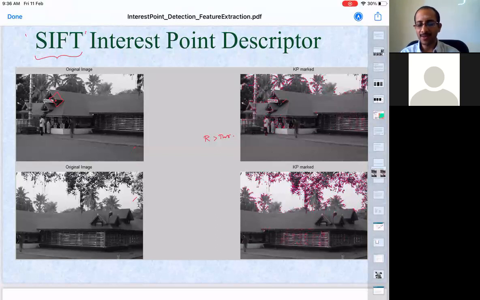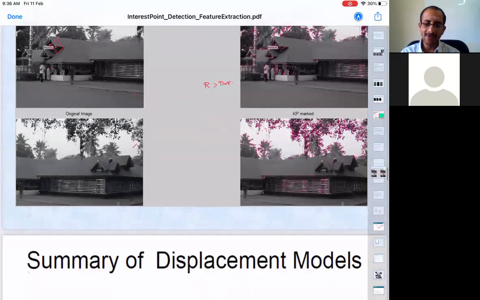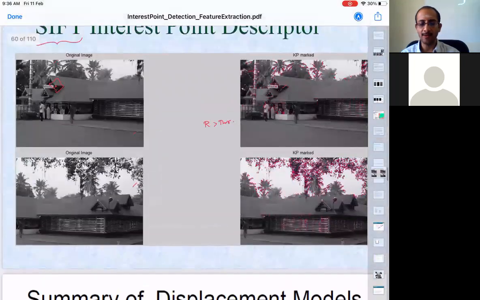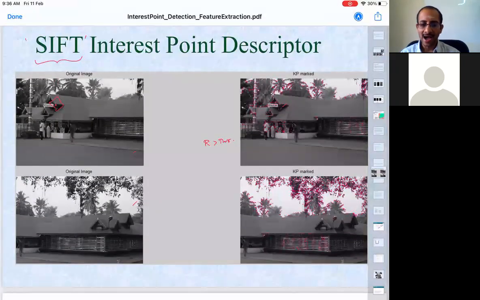For the time being, assume that we have got the key points and we also have the descriptors around these key points. Now the question is, I want to make a mosaic of it, in the sense that I know that this person and this person are the same, and similarly this region and this region are the same.